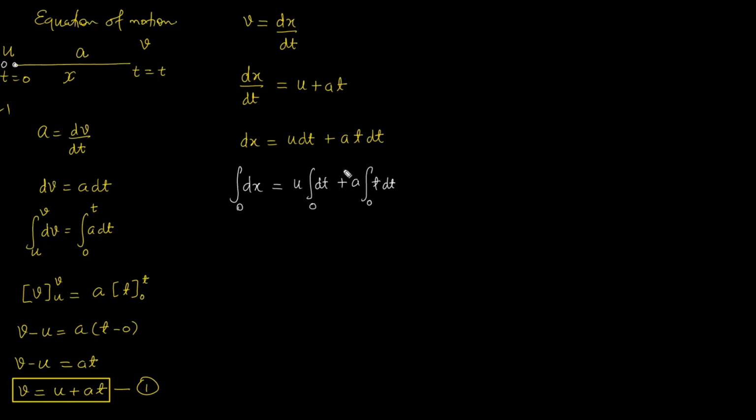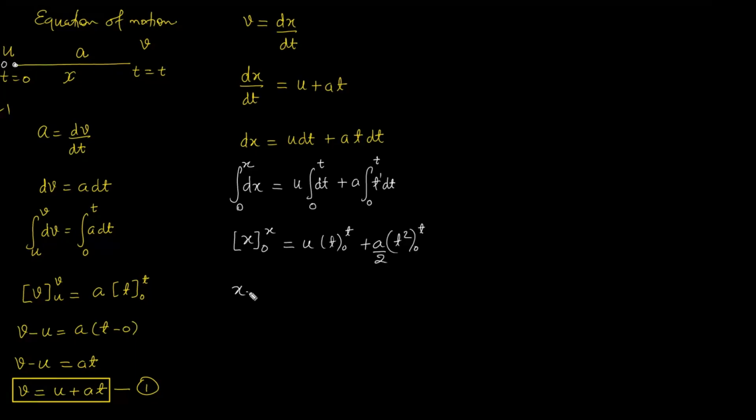And when time is t, the displacement of the object is x. Now integration of dx will be x, limit from 0 to x. Integration of dt will be t, limit from 0 to t. Now integration of t raised to 1 will be t square by 2, again limit from 0 to t.